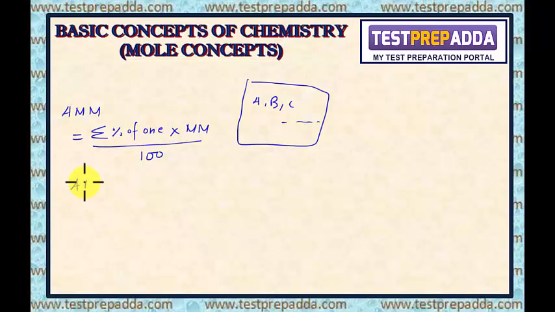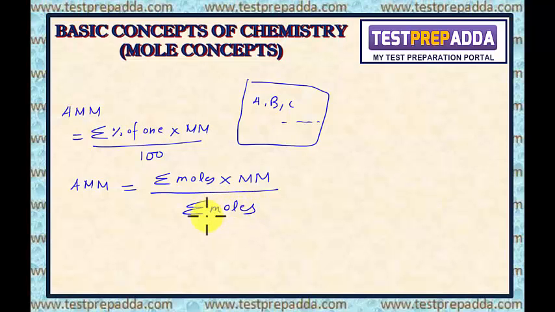In terms of moles, we can write summation of product of moles and molecular mass, upon summation of moles. In terms of mole fraction, I can write this as mole fraction into molecular mass.